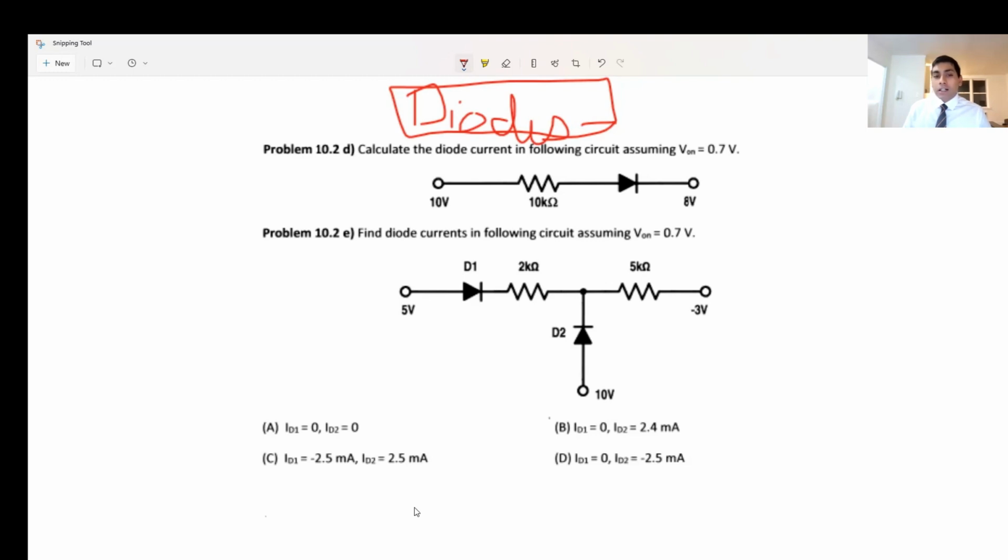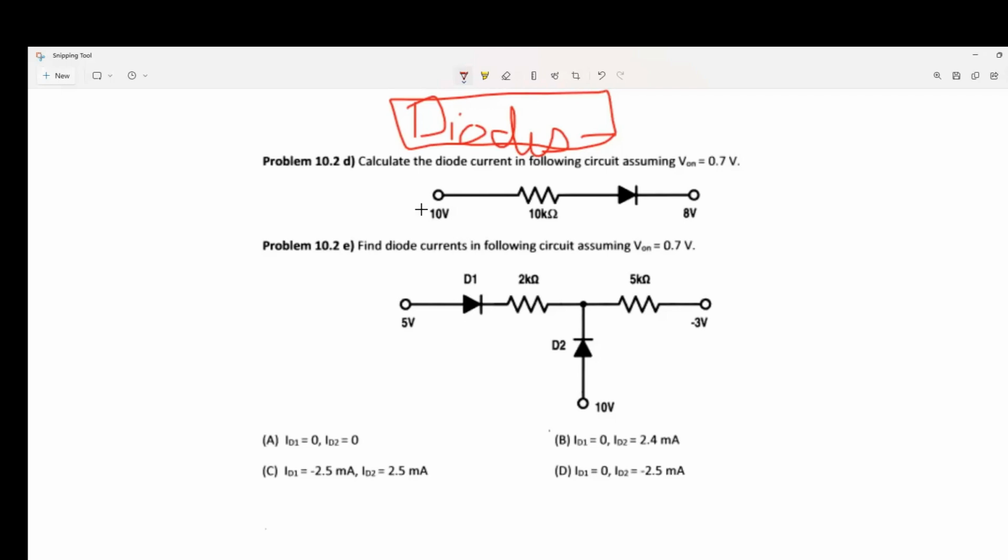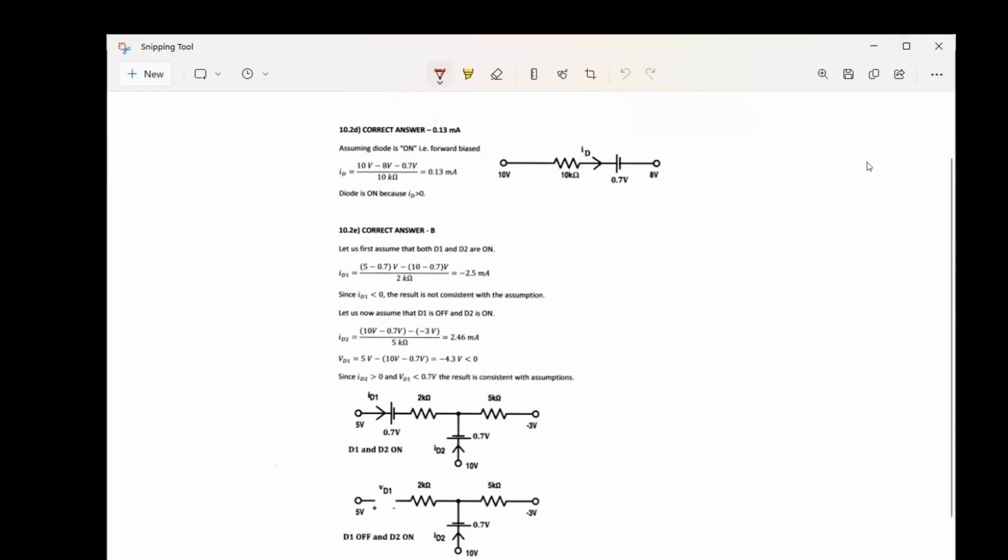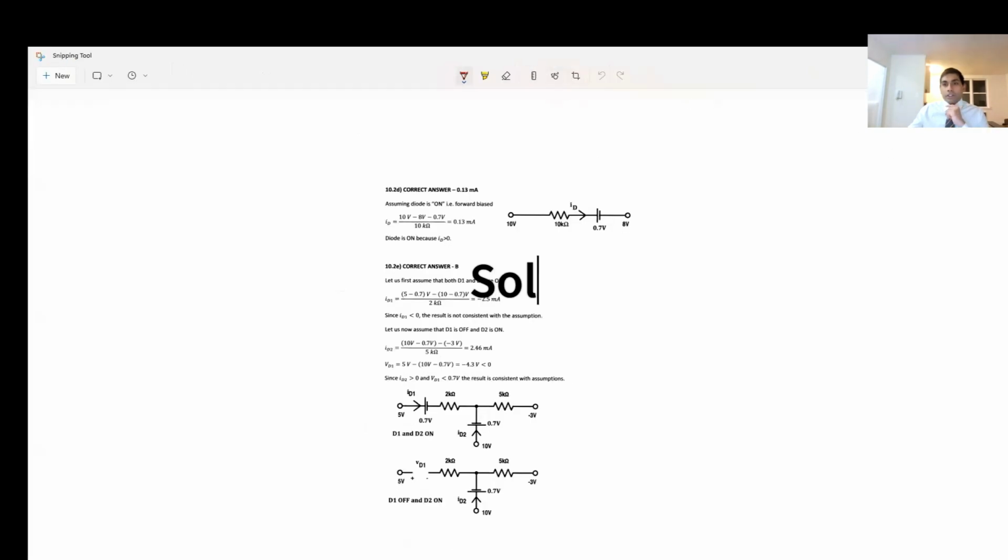And after 5 minutes, we will see the solution of this too. Now, let's try to discuss the solution for this one.